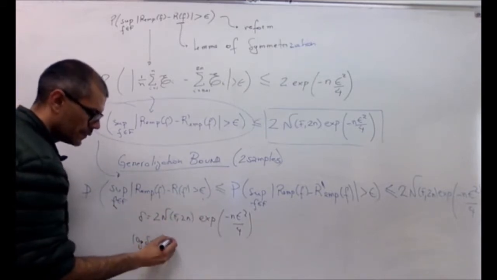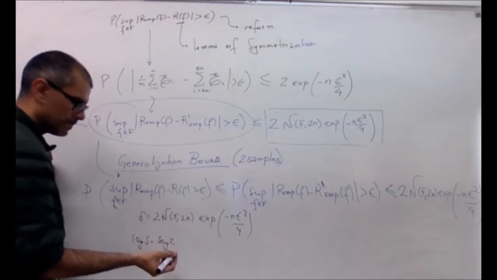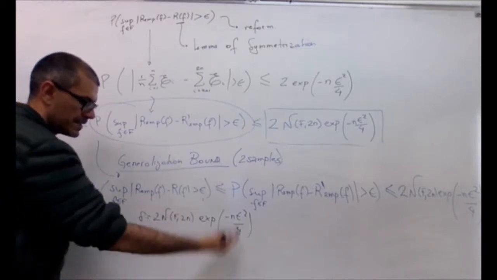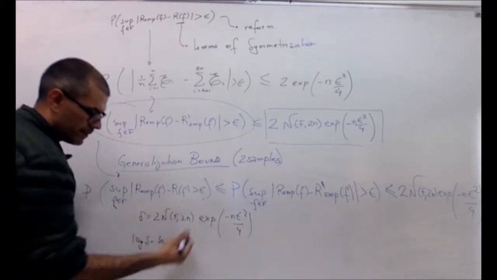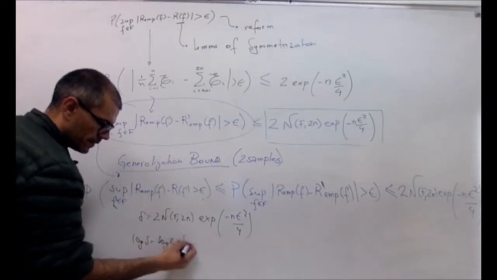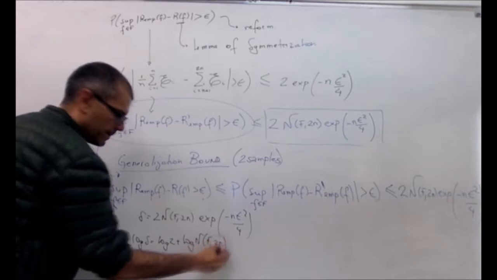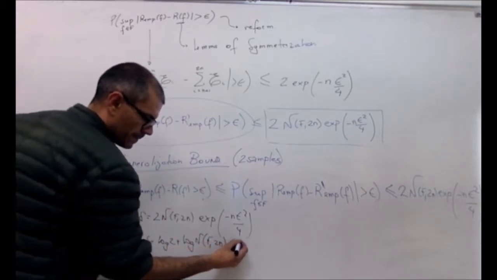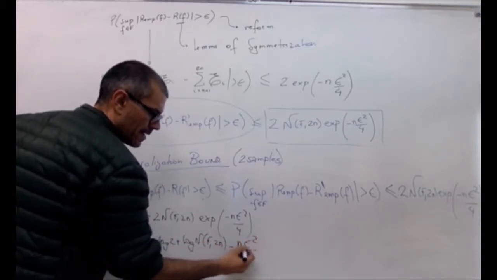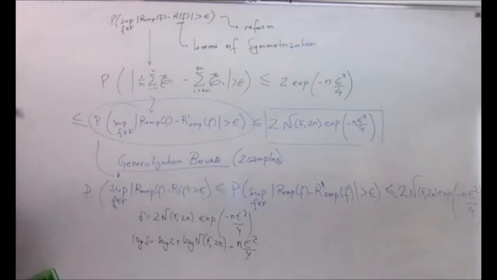So we have log of 2, yeah, perfect. Log of 2, and this guy will be inside. So somehow we will have plus log of n f2n, right? Minus n. Oh yeah, I think it was right. Okay, but anyway, we do it again, no problem.